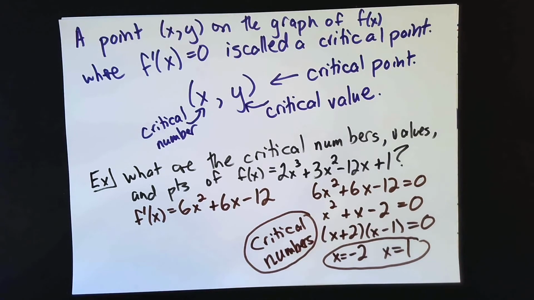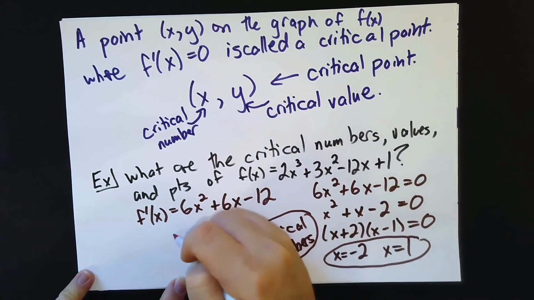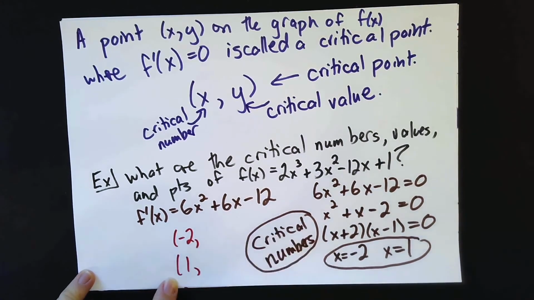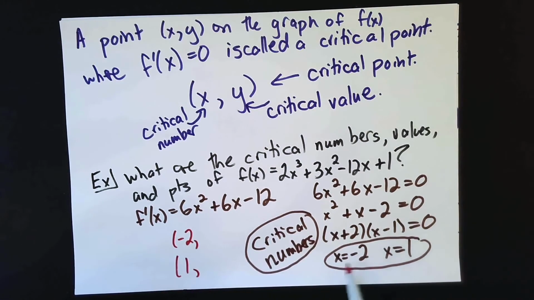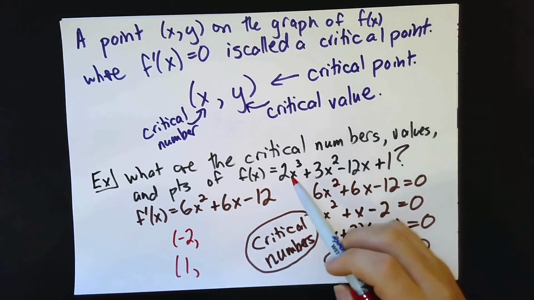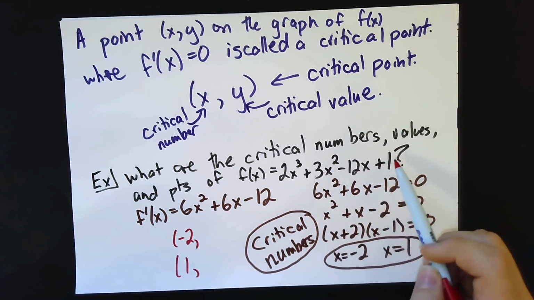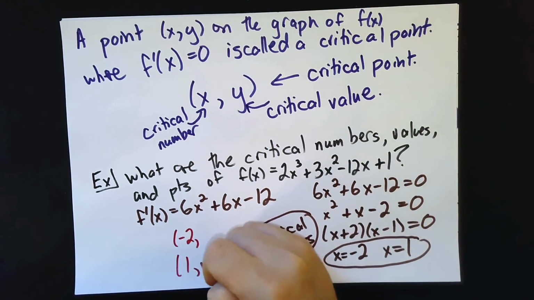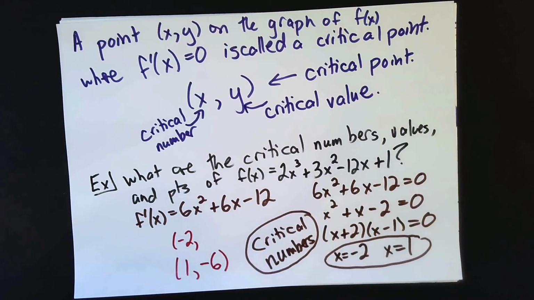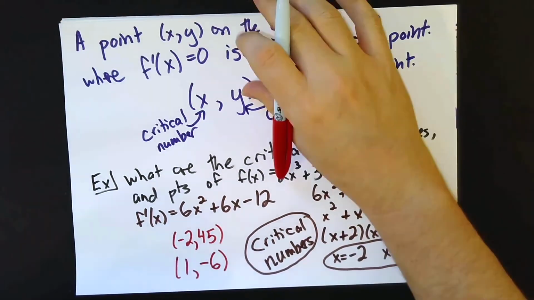That's your critical numbers. Now, as we've gotten used to, each of these inputs also has a matching output on the original function. And if we calculate that output, we get 2 plus 3 minus 12 plus 1. We get minus 6 for this. And if we do the same thing at minus 2, we get 45.